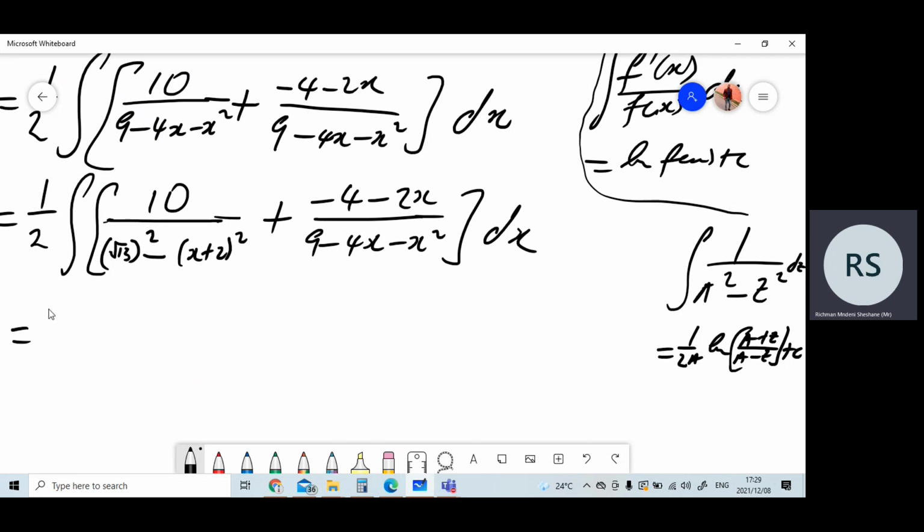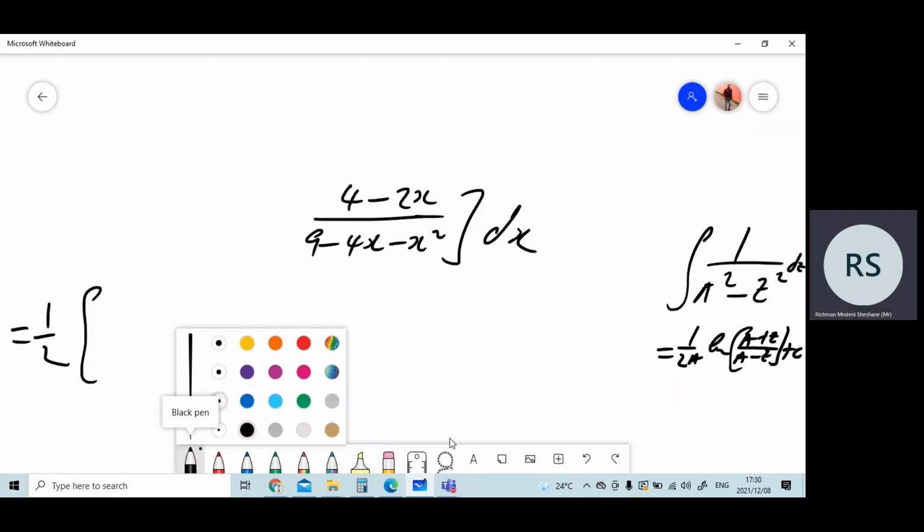So for the integral of the first term, we pull out 10. For the first term, you pull out the constant and just integrate.